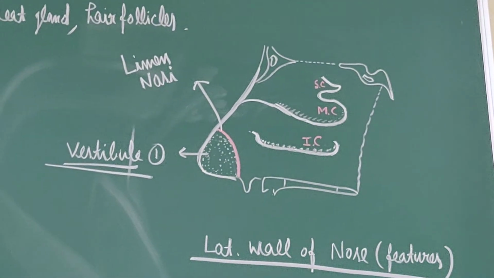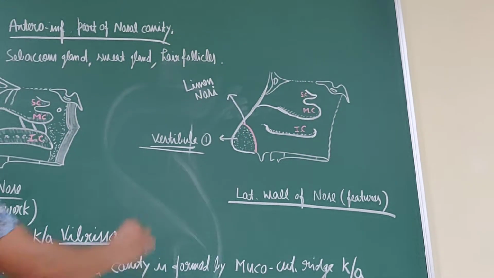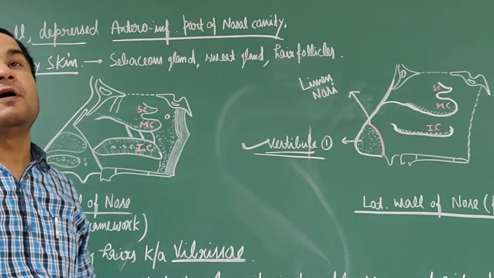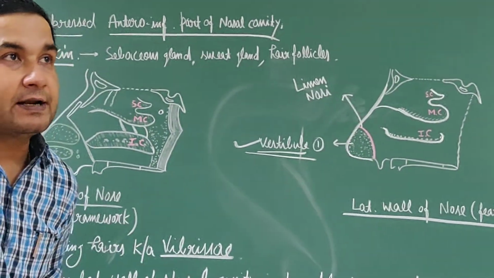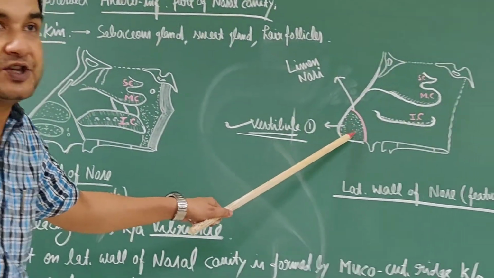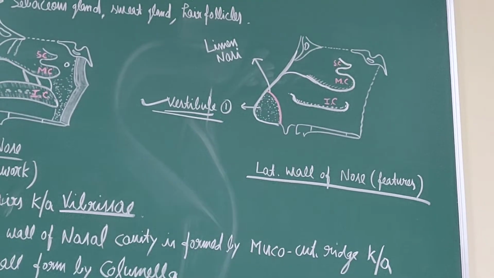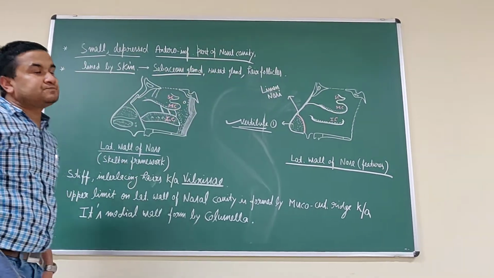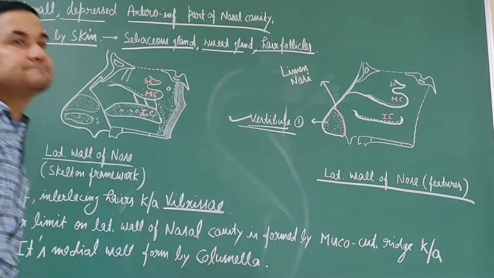The special feature is that this part is lined by skin. The vestibule is lined by skin, while the rest of the nasal cavity is lined by mucous membrane epithelium. This part is lined by true skin, so this skin has sebaceous glands, sweat glands, and hair follicles.